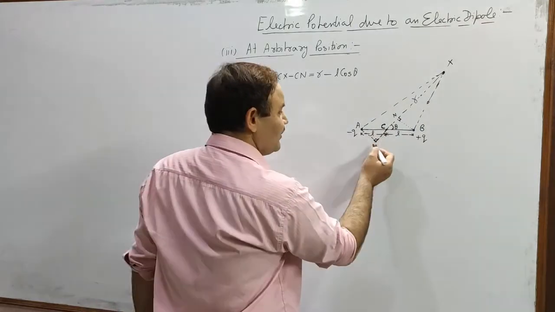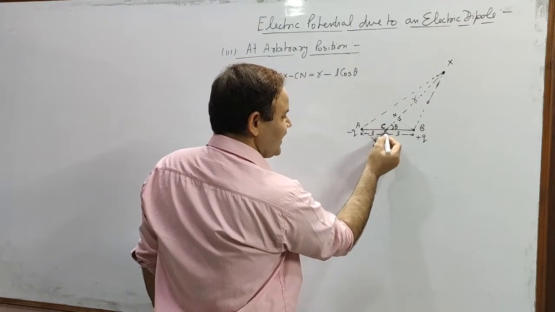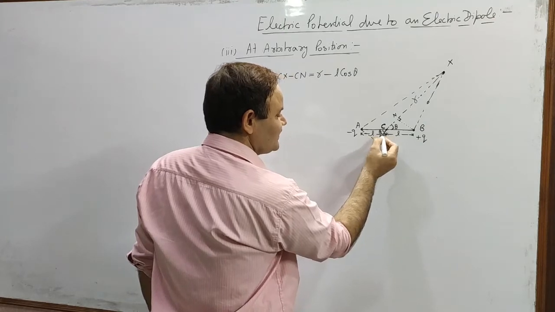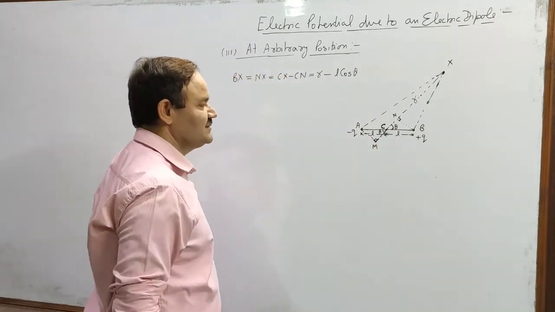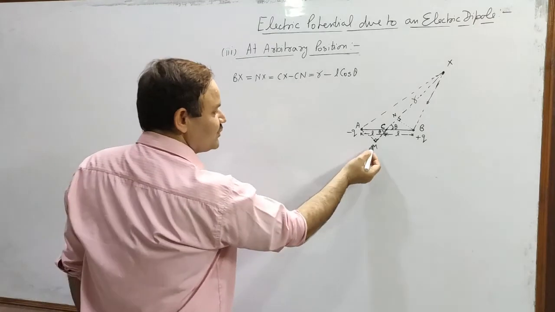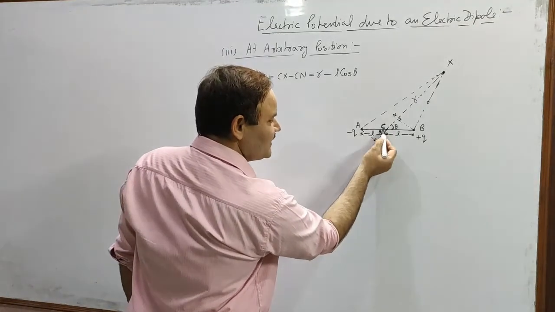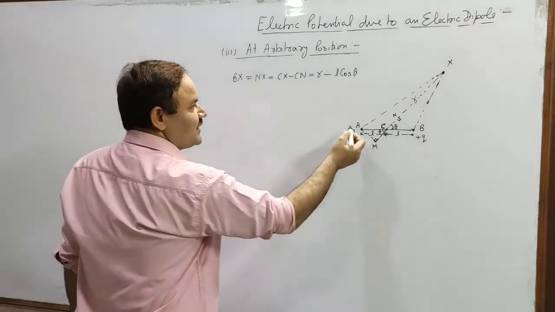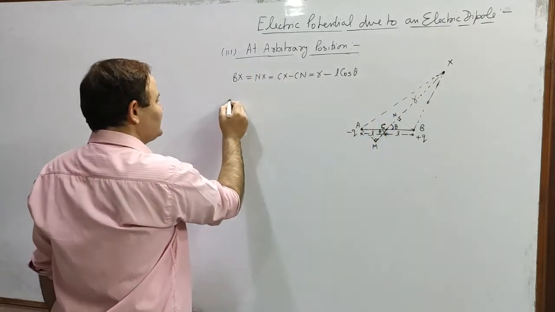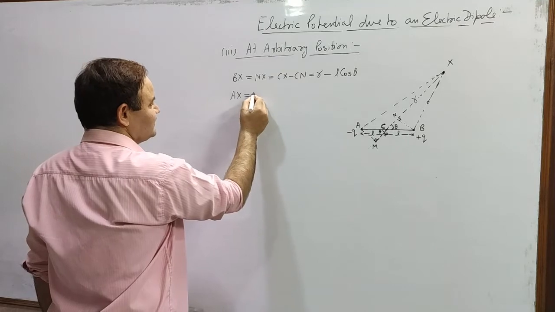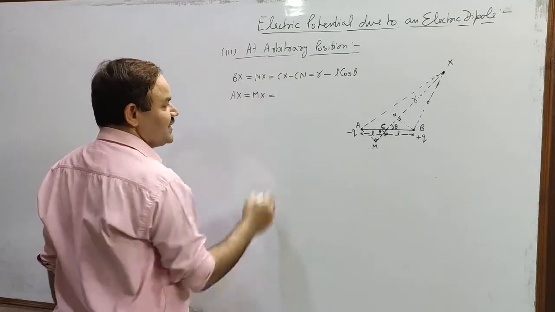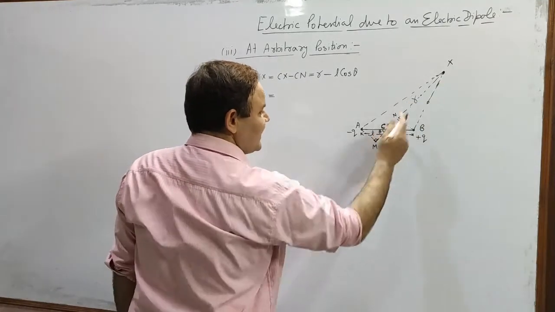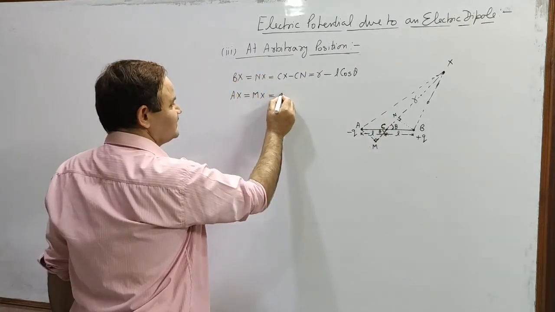But how to find MX? Again we will use this angle, the vertically opposite angle, as theta. So using the vertically opposite angle theta, we get AX is equal to MX is equal to CX plus CM.